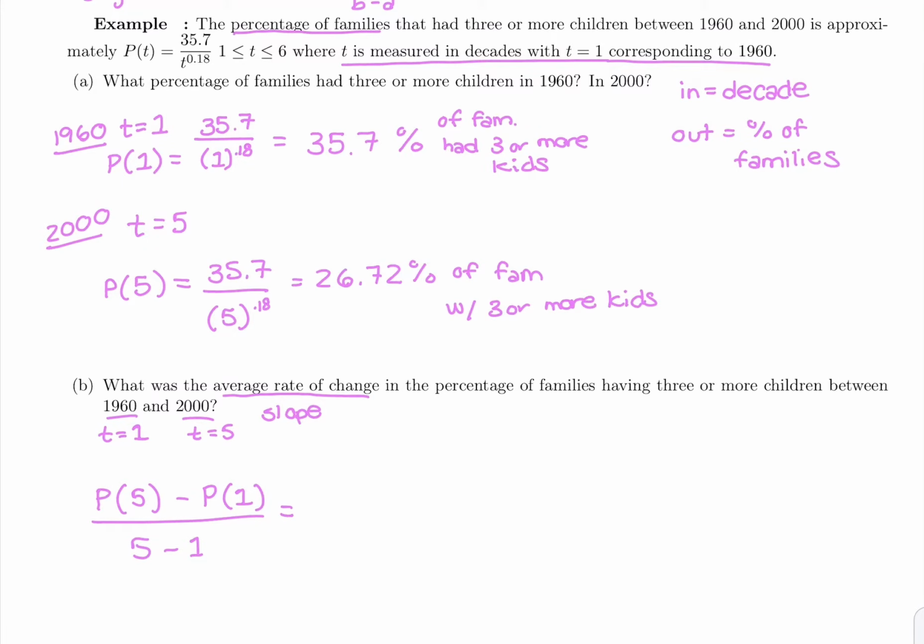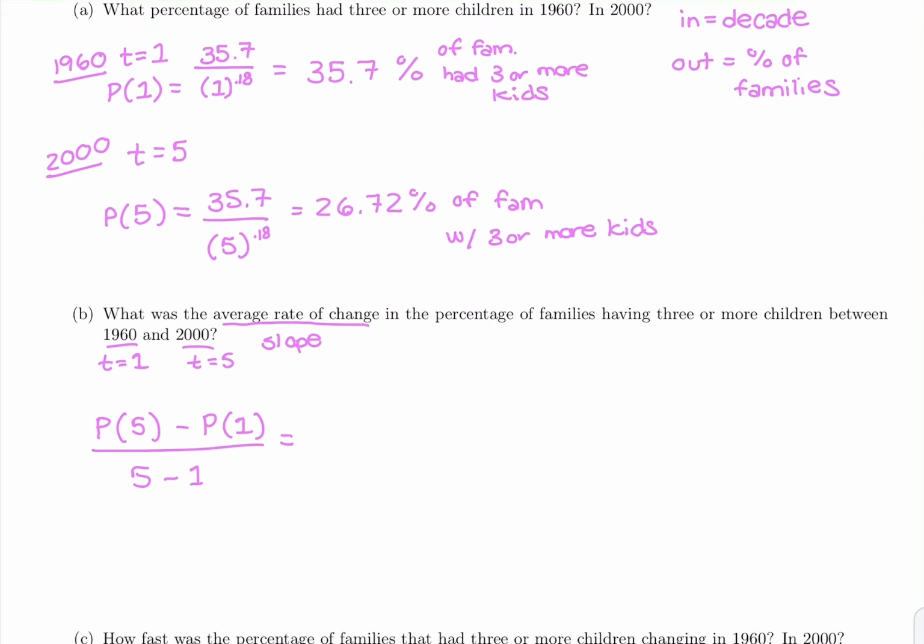The nice part is we don't need to do some extra side work. We already found P of 5 above. P of 5 was 26.72. I'm looking right here at my work in part A. Minus P of 1. We also found that in part A is 35.7 over 5 minus 1 is 4. So we already found those two y values, which is great.